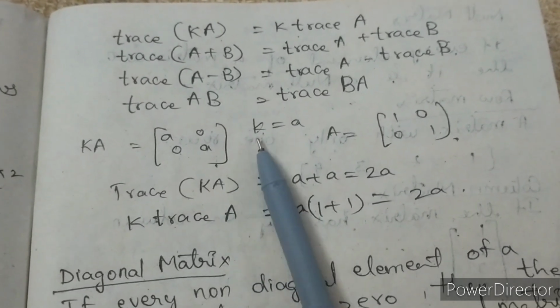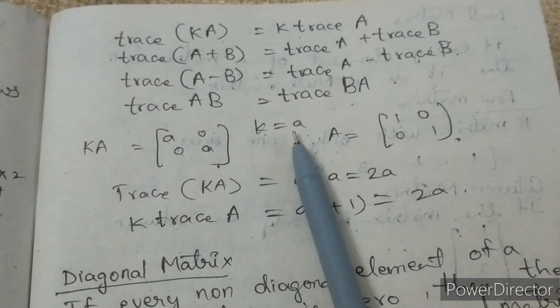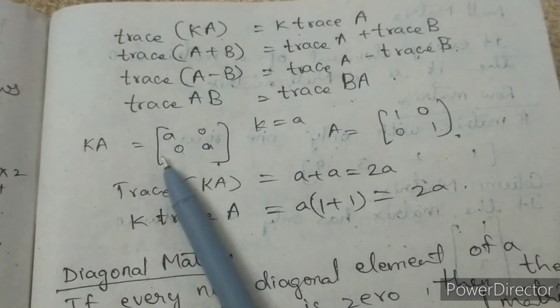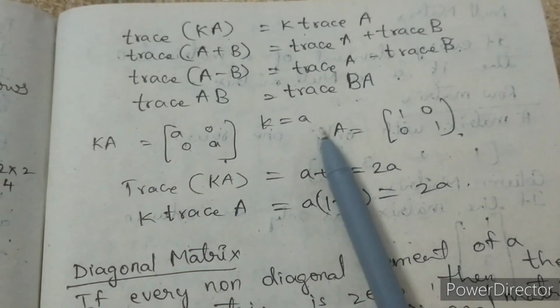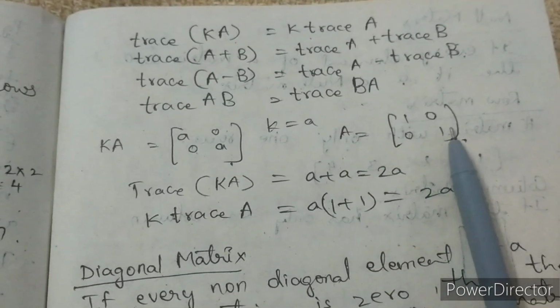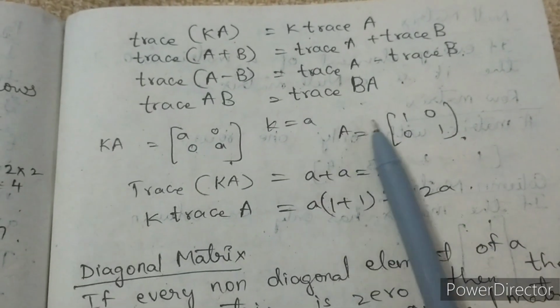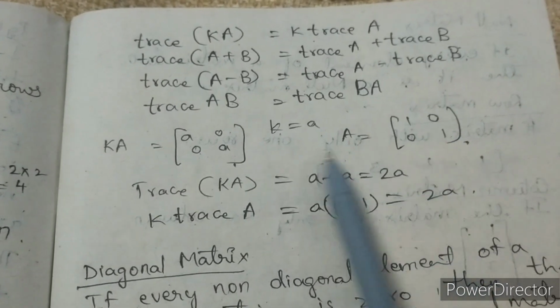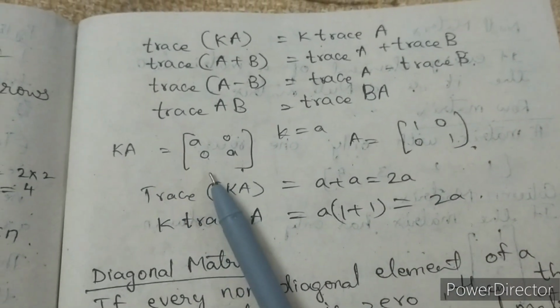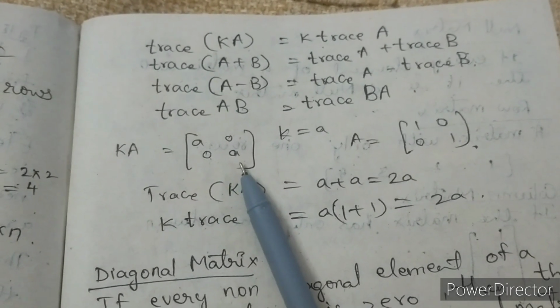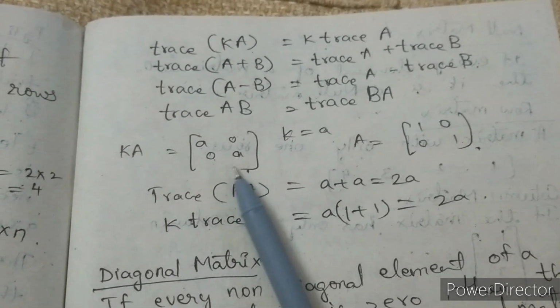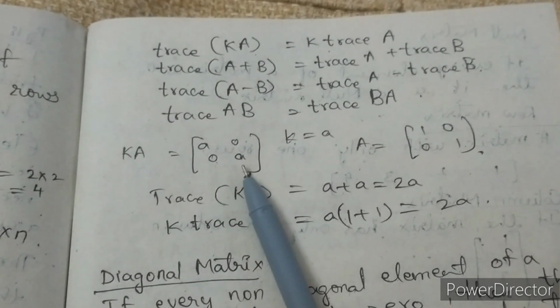Then k is equal to a. So k into A is simply the constant into 1 0 0 1. So constant into 1, constant into 0, constant into 0, then constant into 1, that is a.